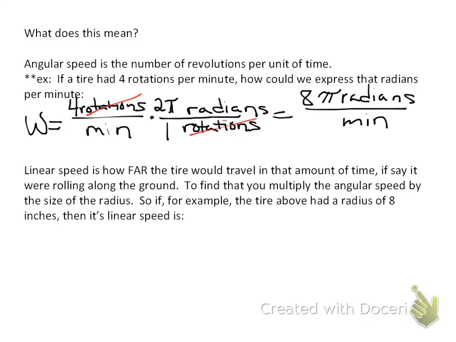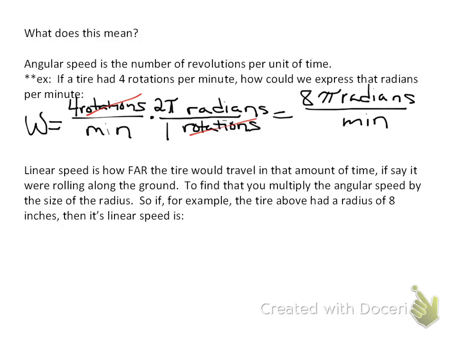Whether you're a little fly on a little circle that has a radius of 2 inches, or you're a big squished fly on the tire of a Big Mac truck, if that wheel goes around 4 times in a minute, it doesn't matter how big of a circle you're on, you're going 8 pi radians per minute. Now, linear speed says if you're on a little circle, think about the circumference of a little circle.